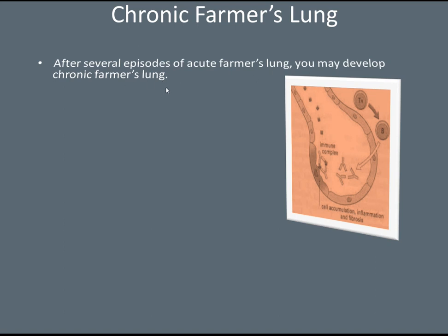So chronic farmer's lung is not something that develops in the very first instance. In the first instance, a farmer develops acute farmer's lung, and multiple episodes of acute farmer's lung lead to the development of chronic farmer's lung.